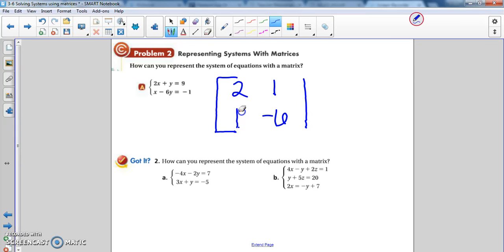And on the other side of our vertical line, we're going to write our constants, 9 and negative 1.